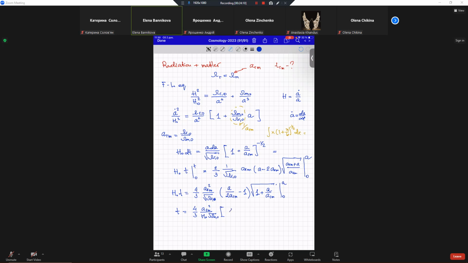And here, this is what gives us 0, 1 minus a divided by 2 a_eq, 1 plus a divided by a_eq.